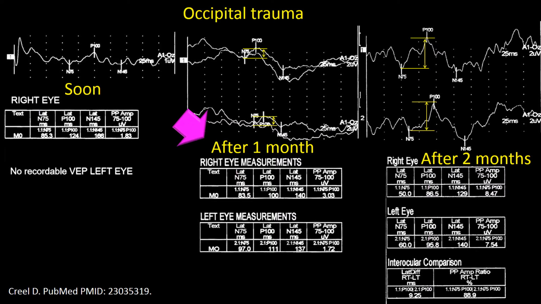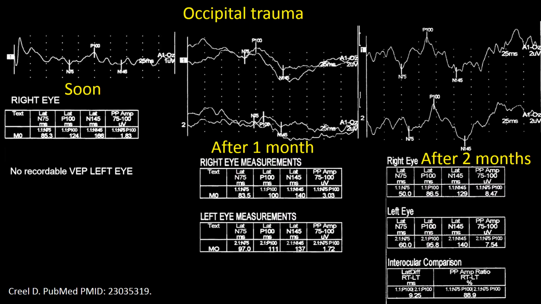Also notice the amplitude of the P100 at 1 month and at 2 months. It is important to stress that these findings have to be interpreted in the context of the clinical findings, and on their own cannot be taken as an indication that the patient is getting better if the clinical picture speaks to the contrary.